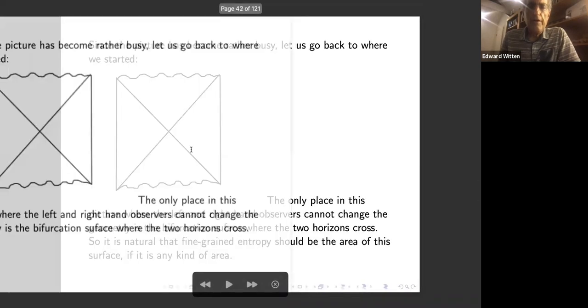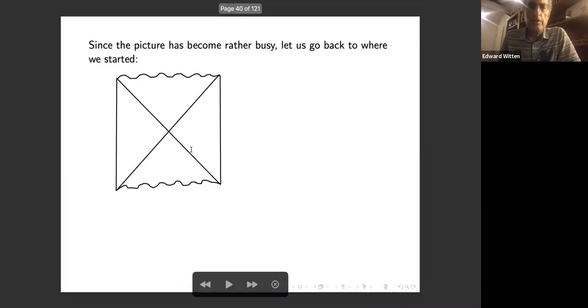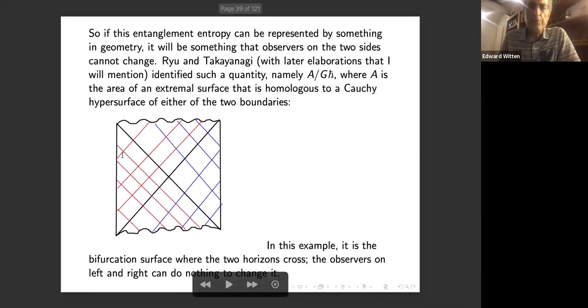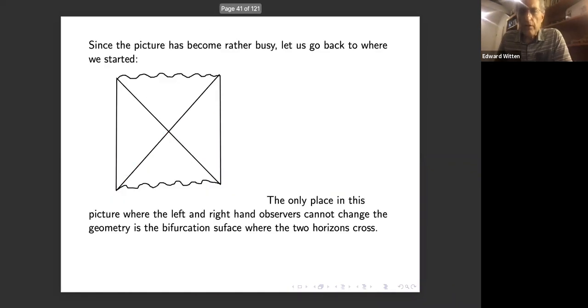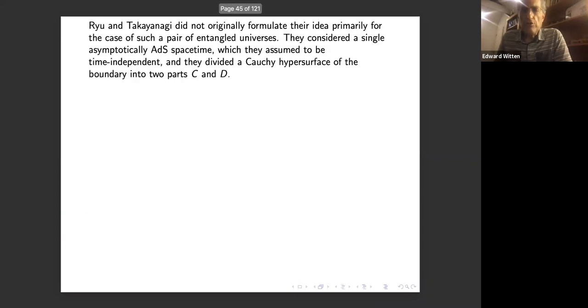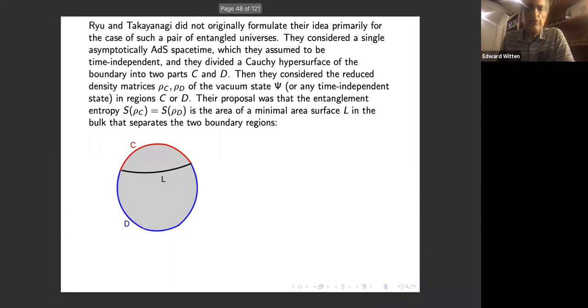So in motivating it, I considered this picture with arbitrary perturbations, and then asked what is there in the entanglement between the two sides that the two observers can't manipulate. I use that to motivate the work of Ryu and Takayanagi, but that involves some hindsight. What their actual original proposal was is what I've sketched here.